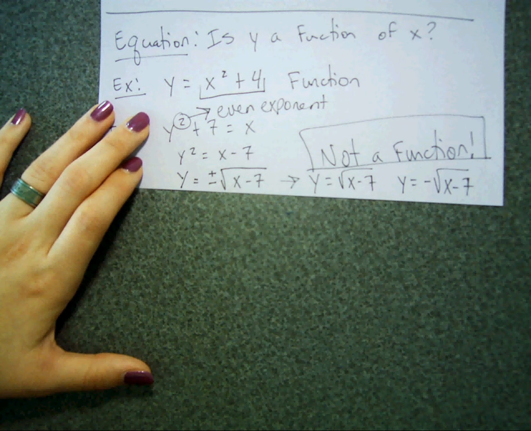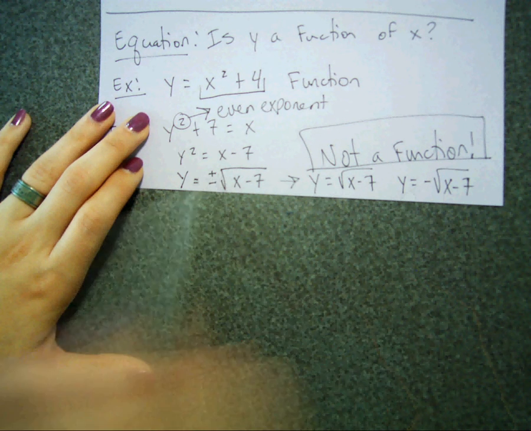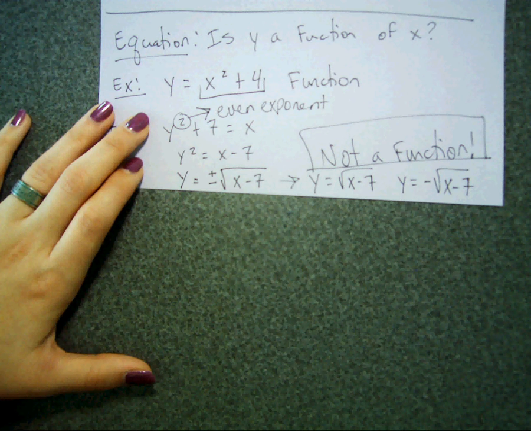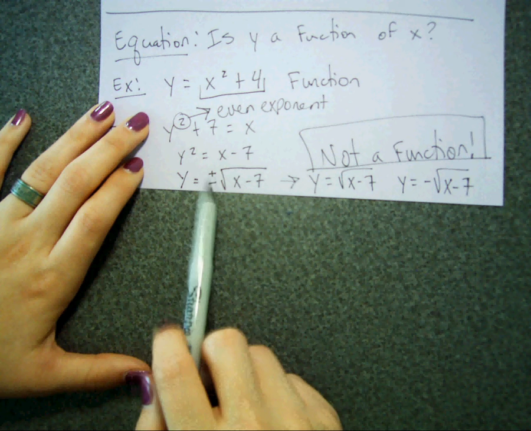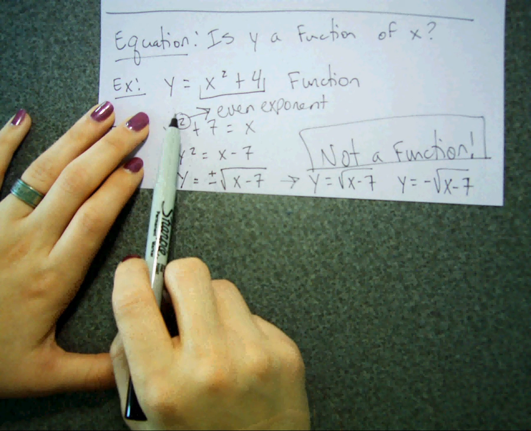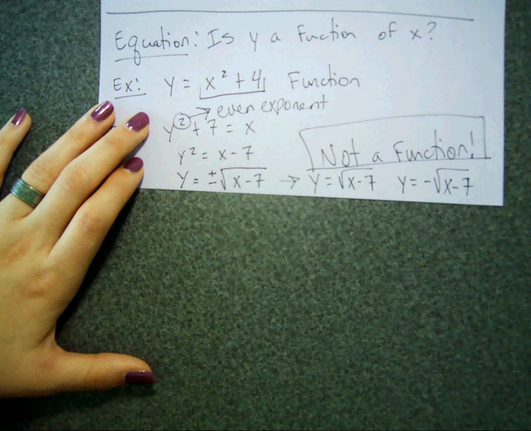Now the odd exponents, I don't have to account for the positive or negative because I can take an odd root of a negative number, right? So there's no longer any guessing, right? A negative number cubed still gives me a negative number back out, so it's not deceptive, right? So this plus or minus only comes into play when I'm solving and I have an even power, even exponent, okay? Any questions?